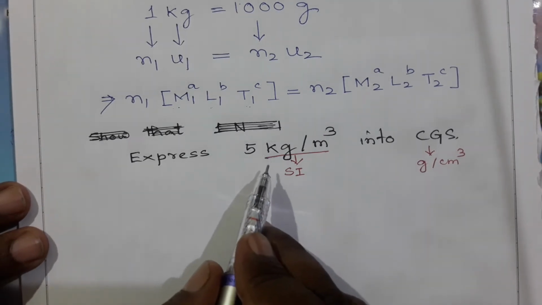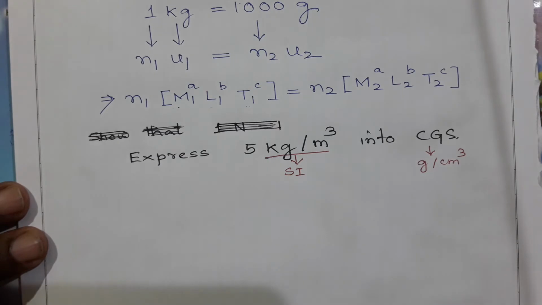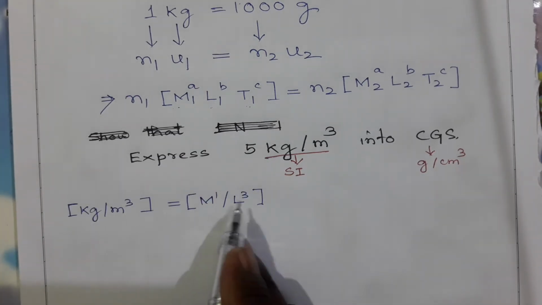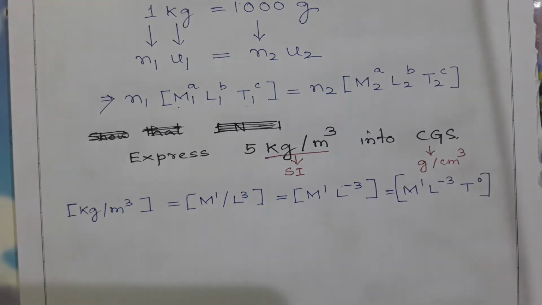Let us first find the dimension of this kg per meter cube. Kg is mass, so M to the power 1, meter is length, so L to the power 3, in the denominator. So it becomes M1 L to the power minus 3. We can also write M1 L minus 3 T0, because T to the power 0 is 1.